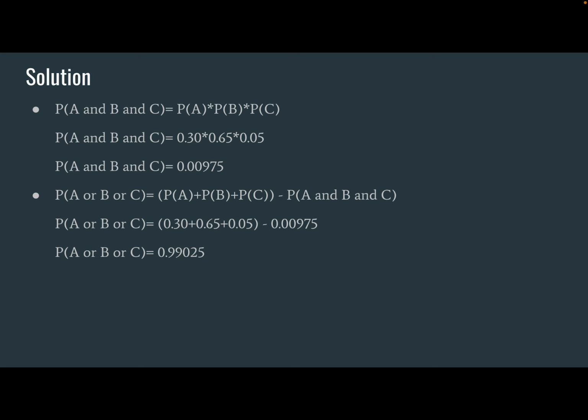So we add 0.3 plus 0.65 plus 0.05 together, which gives us 1, and then we subtract 0.00975 from 1, which was the joint probability we calculated earlier. And the answer is 0.99025.